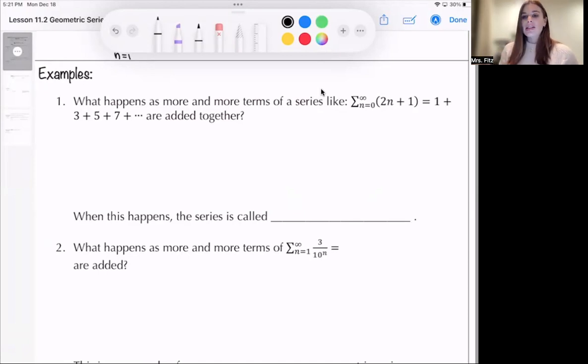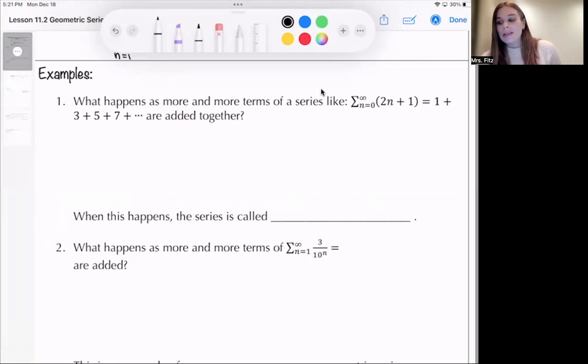Well, this is going to actually go off to positive infinity, because if you keep adding up terms that are increasing without bound, that's our new phrasing that we learned last class when we talked about sequences converging or diverging and whether or not they're bounded. Well, this is unbounded. The terms are going to keep getting larger and larger without bound.